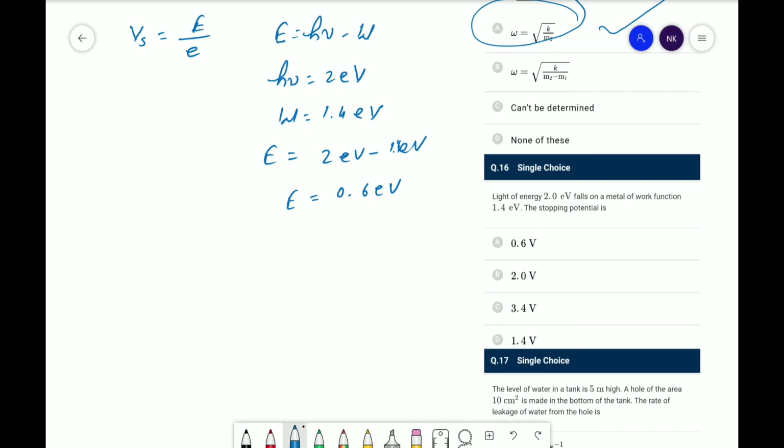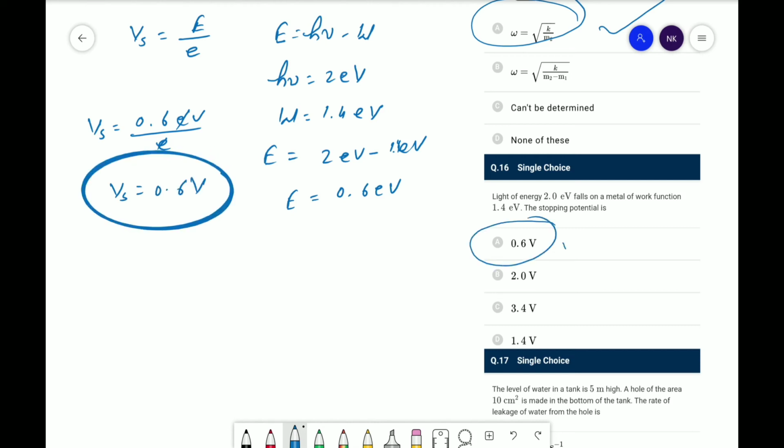This is the value. Hence the stopping potential Vs is equal to 0.6 electron volt divided by e, the electron charge cancels out, giving 0.6 volt. The first option is the correct one.